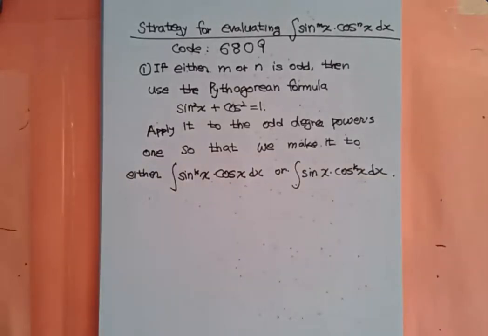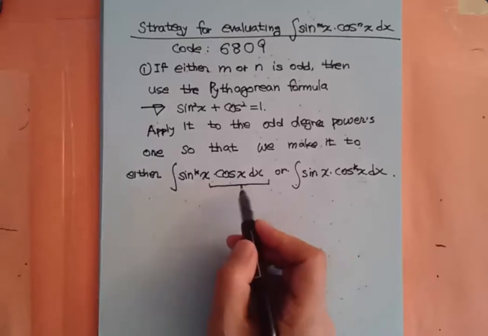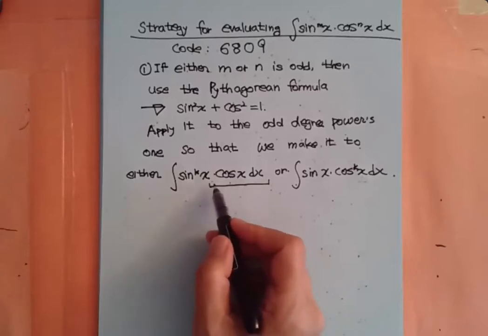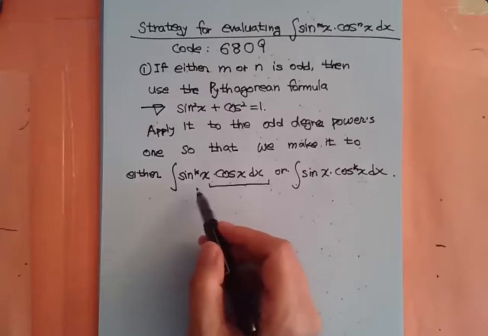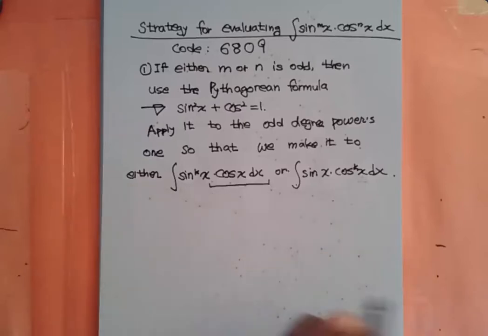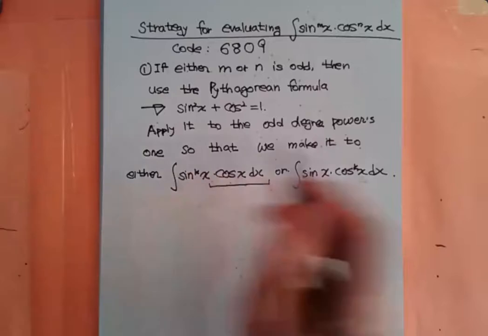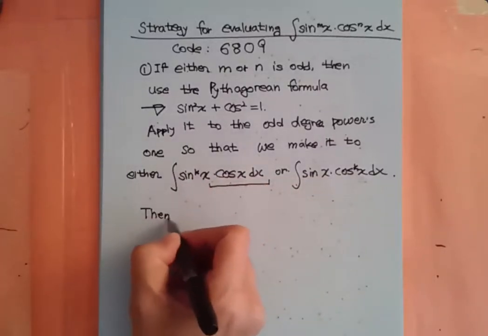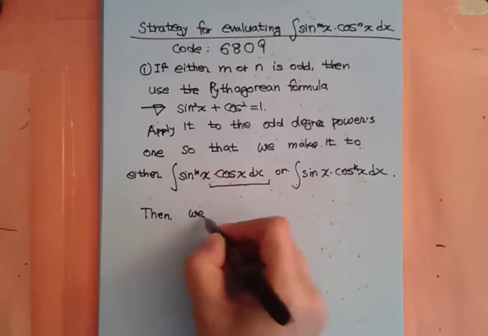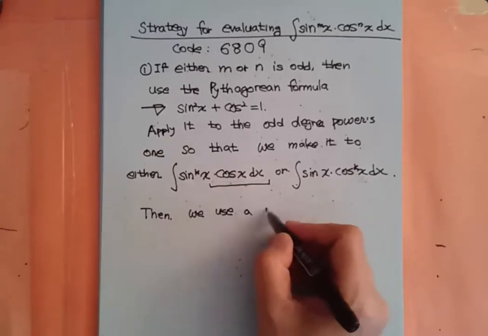Of course, the idea behind that is that after you apply this formula, just one of them must have a single degree term, because when you differentiate sine, you will get cosine. When you differentiate cosine, you will get negative sine. So then we use a u substitution.